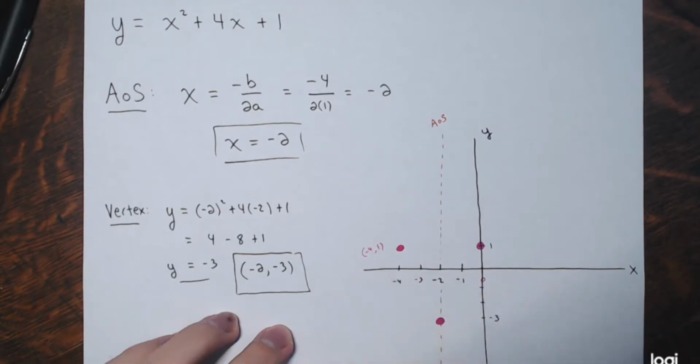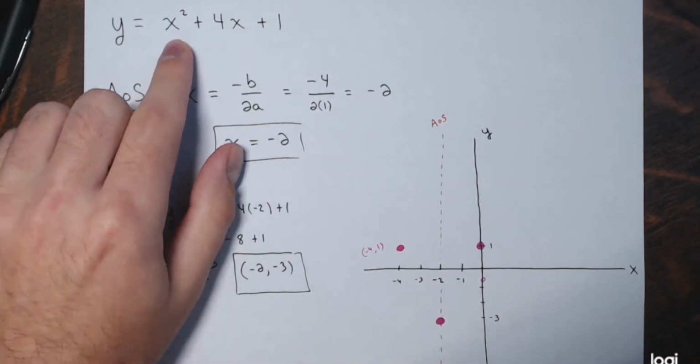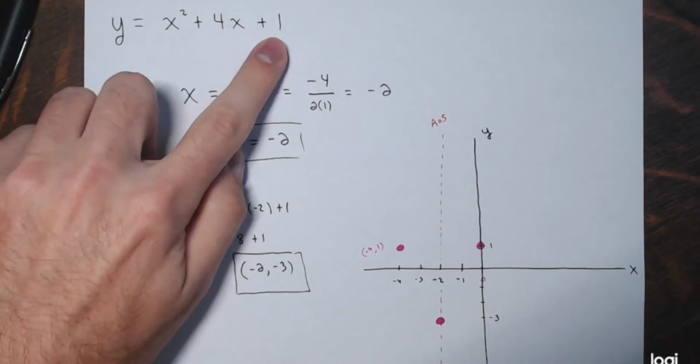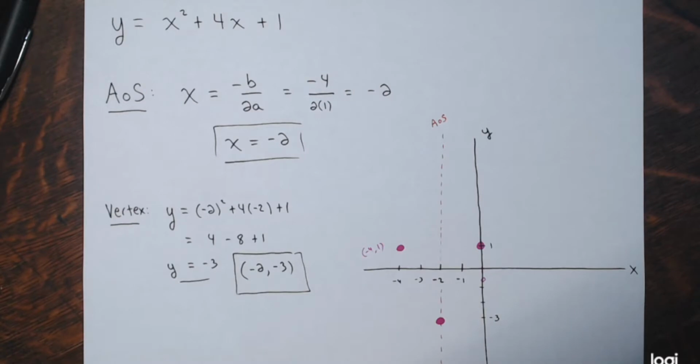And you could test it out. Plug in negative 4 for x. You'd have 16 plus negative 16 is 0 plus 1 is 1. The output would be 1. So that's what I meant by use symmetry earlier. If you know there's a point 2 units to the right, then there's going to be a point 2 units to the left.